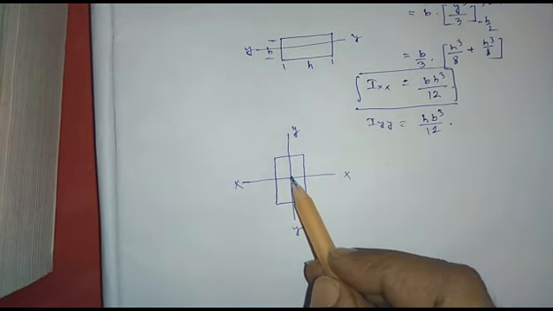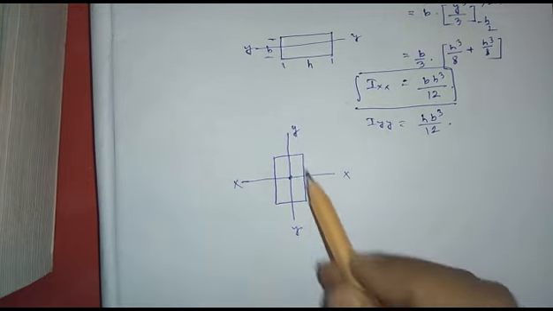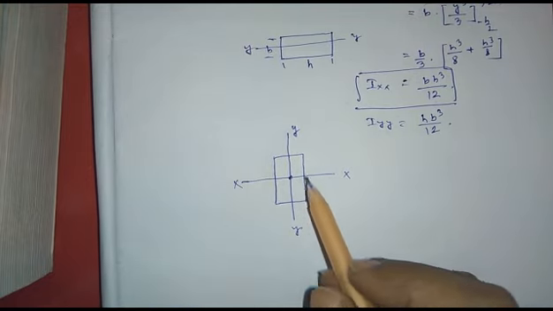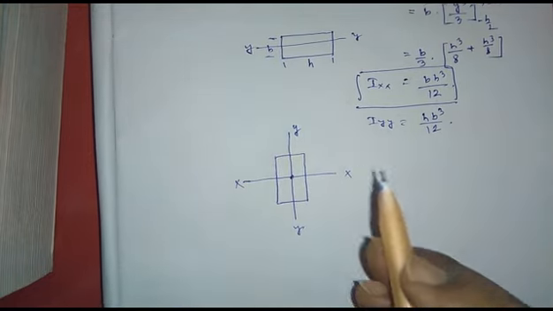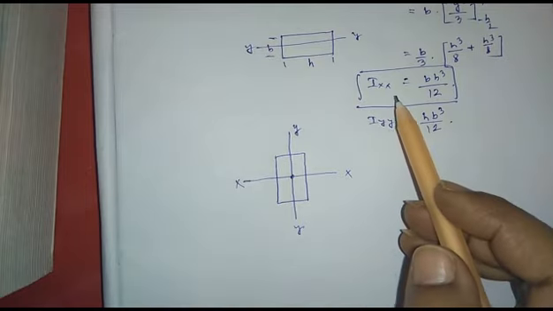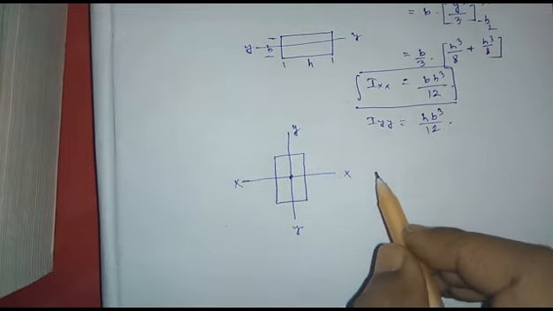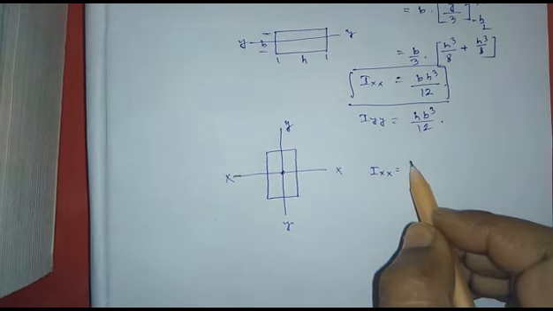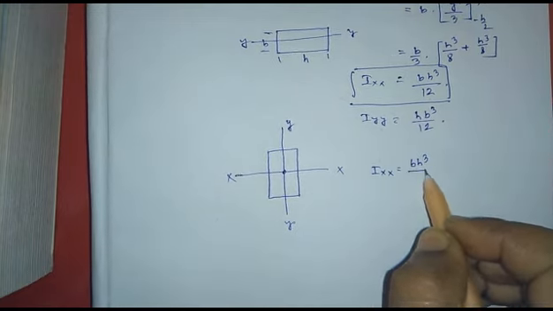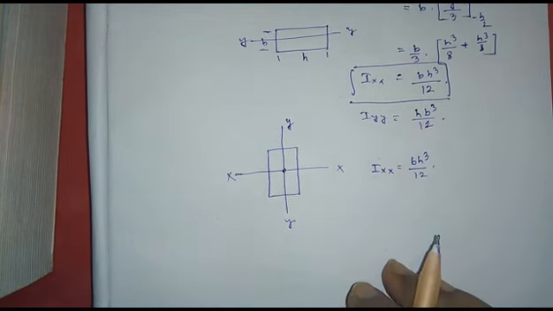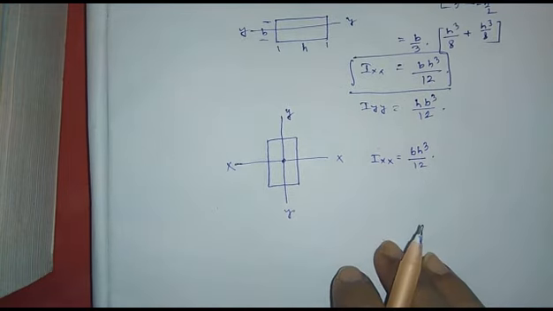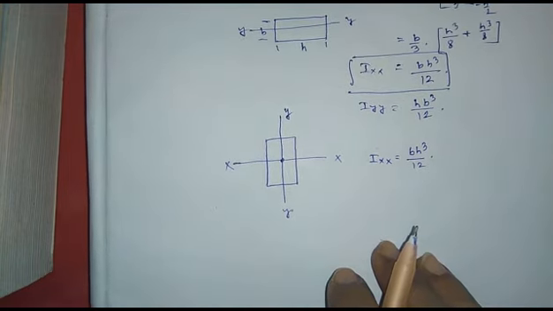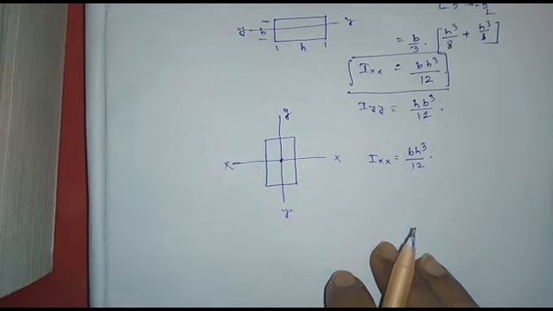That means this is the centroid. The axes passing through the centroid are known as centroidal axes. So from the previous calculation, we know that the moment of inertia about the centroidal x-axis is bh cube by 12. Now we will use the parallel axis theorem.